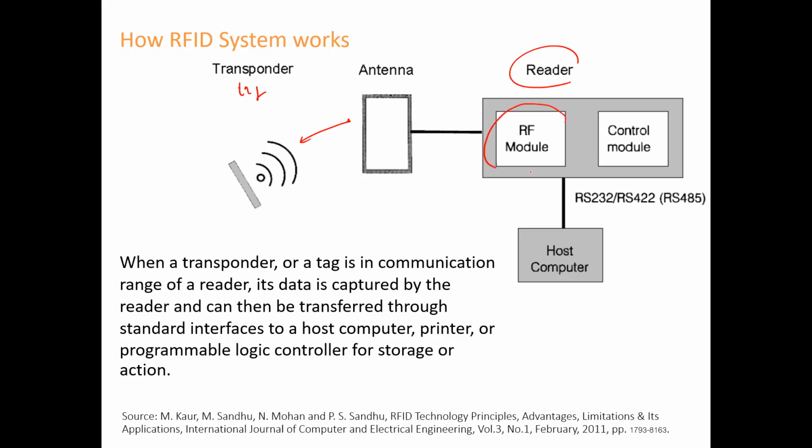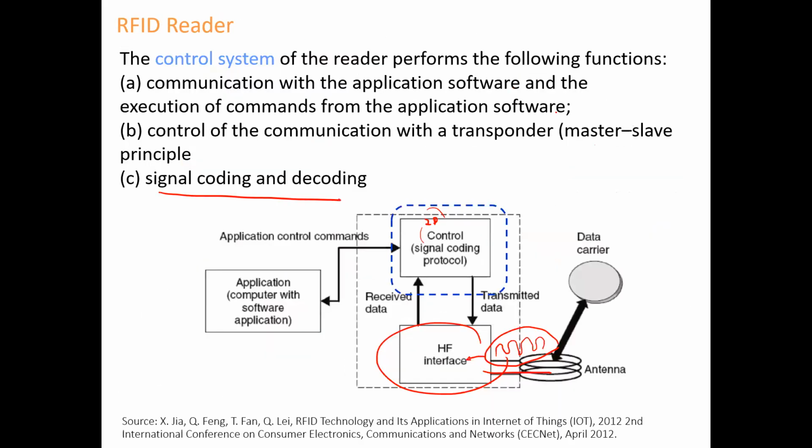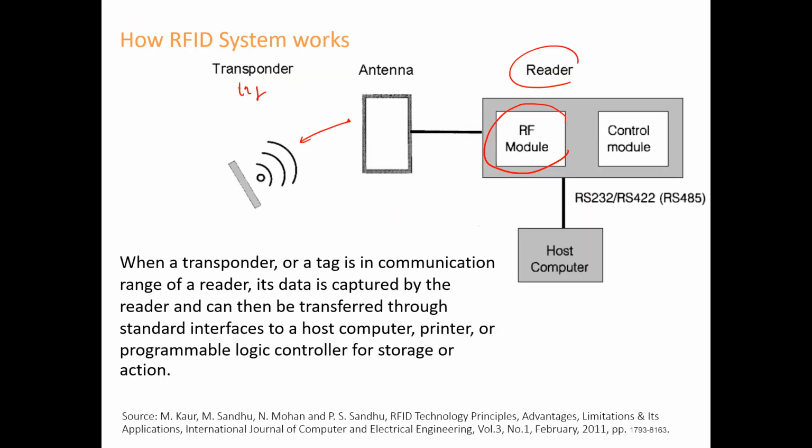This is the RF module, the HF interface, and this is the control module. Then the data from the control module will connect to the computer, mostly using an RS232 cable, or maybe an updated one. I'm not sure, you can check later. It can use maybe other cable types.